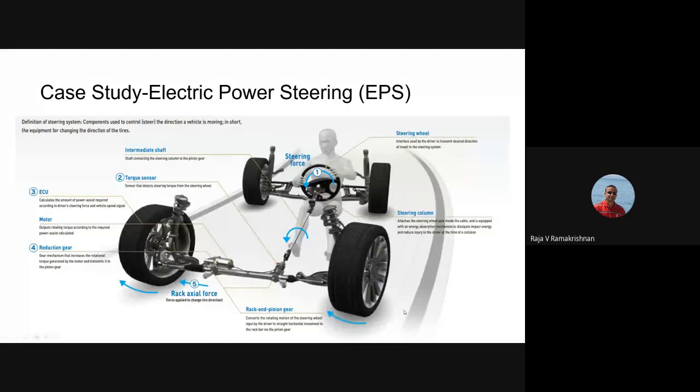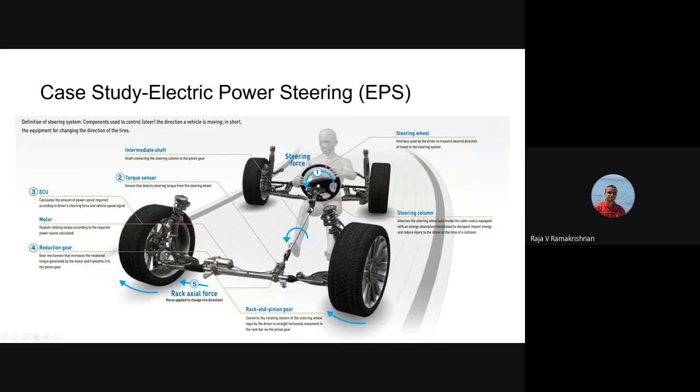So electric power steering, as you guys know, in this picture visually grabs the most important part of what it does. Electric power steering is basically assisting the driver while he is driving the vehicle, from a steering point of view. The steering wheel is where the driver interacts with the vehicle.